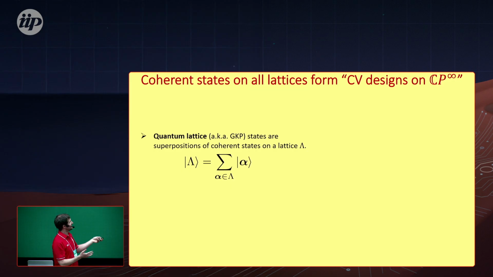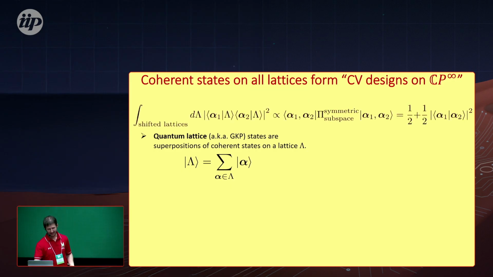And the design condition that I want to show is that basically what you want this sum over all possible lattices to equal is the projector onto the symmetric subspace of 2 modes. So the design condition I'm doing is not using an integral over all states, because that's very tricky to define. Instead, I'm going to go straight to the group theory, for those of you familiar, and just use the projector right immediately in the definition.